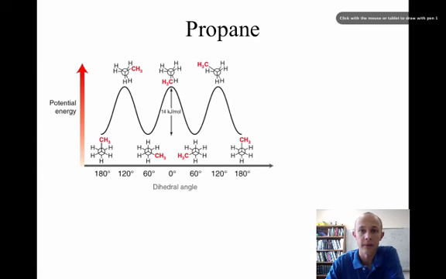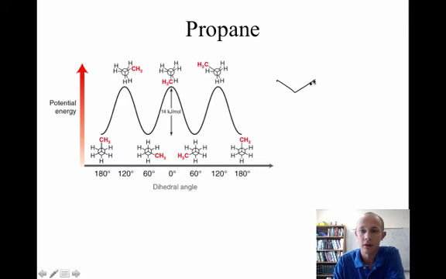Okay, let's look at propane. Remember, propane is 3 carbons, 1, 2, 3. We have a CH3 here, and let's say we look down this bond. We have a hydrogen coming out and a hydrogen going back. We have 3 hydrogens here.